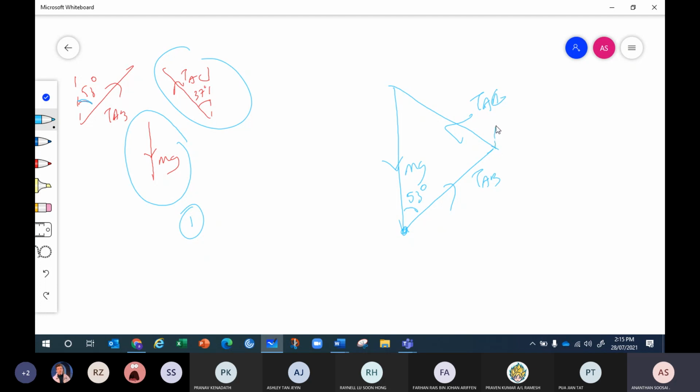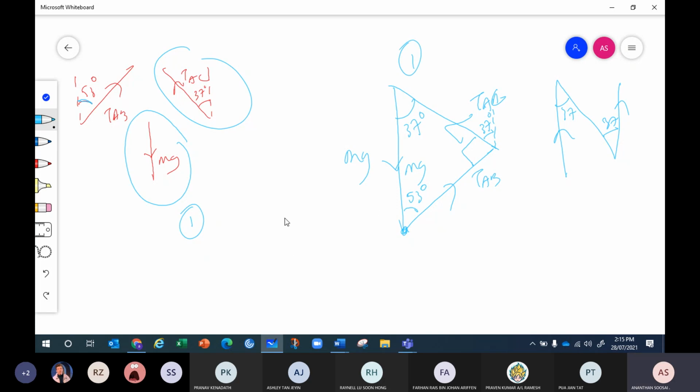So if I draw vertical here it makes 37. In maths, you learn the zigzag, here is 37. Here also should be 37, if these two are parallel. So inside the triangle, it should be 37. This is MG. So 53, 37, this makes 90. So that's it. This is one way of doing.